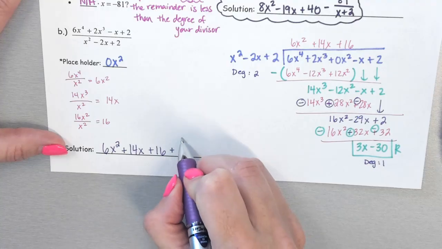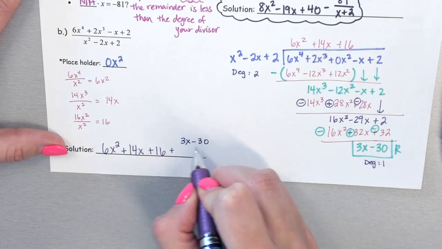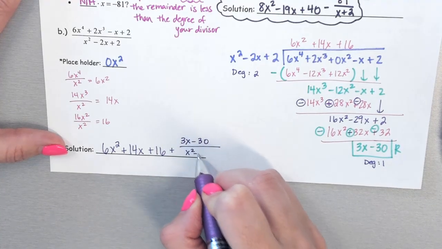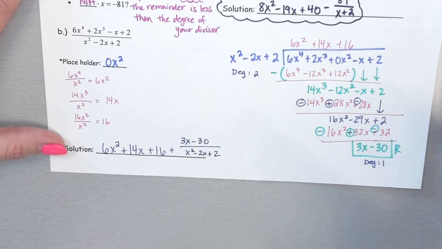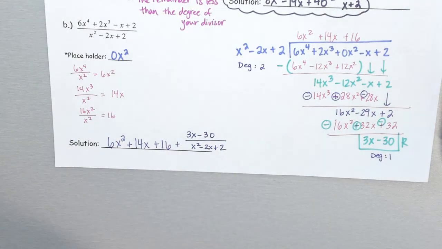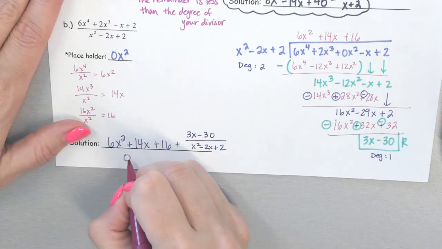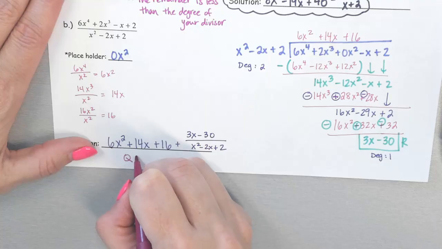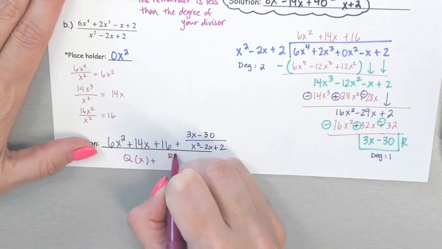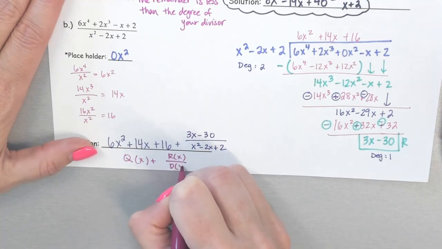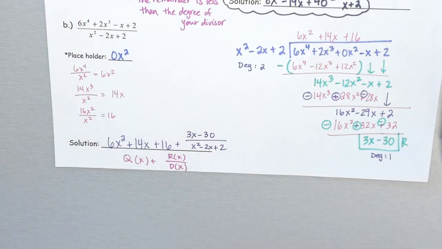And then you're going to put the remainder over your divisor. Okay, so this is your q of x plus r of x over d of x here.